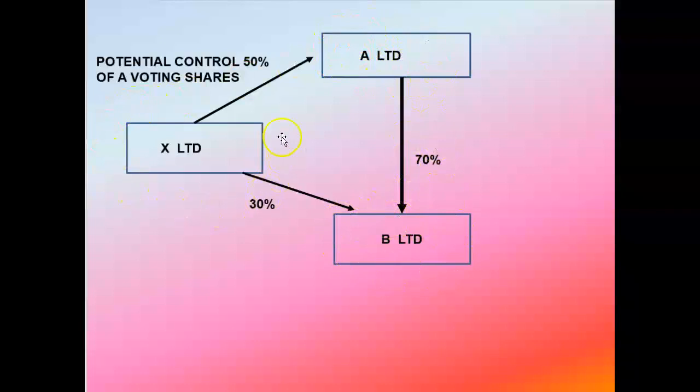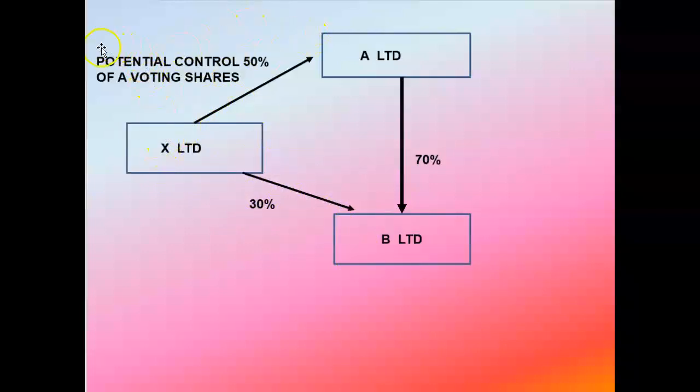But now we've got this outside horse here, X Limited. X Limited only has 30% of B Limited. So without any further information that it also exercises power over the board of directors or something to that effect, B Limited does not seem to be a subsidiary of X Limited, because they are not a majority shareholder. Now what about this one?